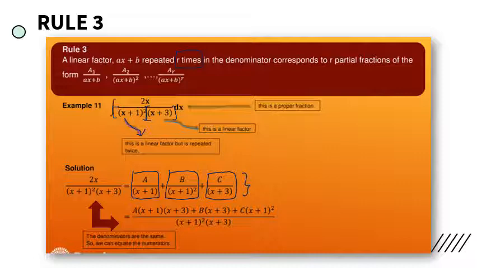So we can then equate the numerator with this new function.